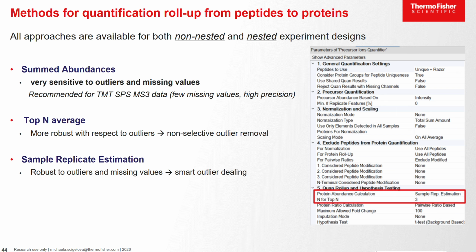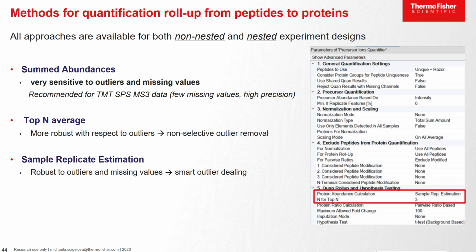That's why people were trying to use some other simple methods like top N average. It is a bit more robust, but it is more or less a very non-selective outlier removal. And looking at the results I will be showing you later, perhaps you will not favor this method. At least I will not be recommending it anymore as more favorable than, for instance, the summed abundances.